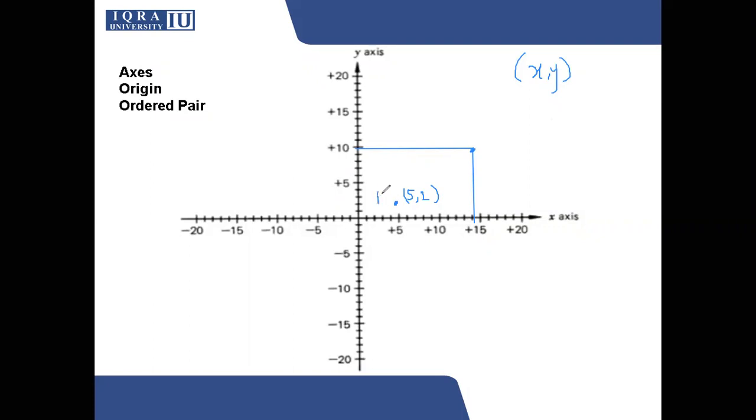Let me call this point 1. So the coordinates of point 1 are 5, 2. And similarly, if this is point 2, then the coordinates of point 2 are 14, 10, right? So this is how you define the location of a point.